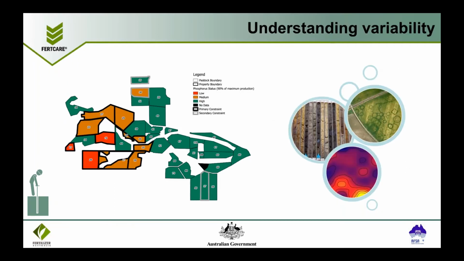So variability, understanding variability is really important, as Jeff's already mentioned. Here we can see a map that's showing soil phosphorus status classified as high, medium or low across a particular farm. And you can see how that varies across the farm.